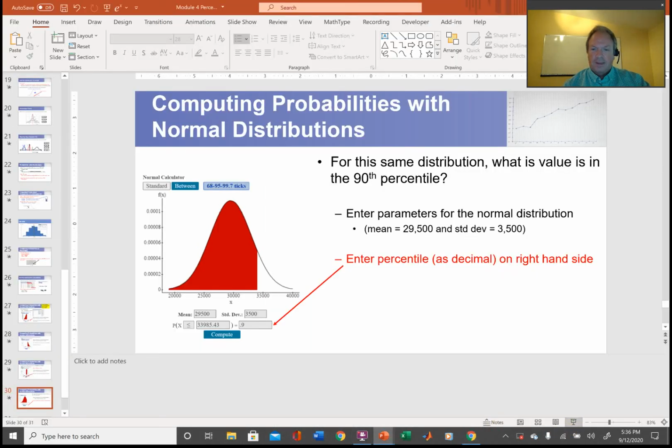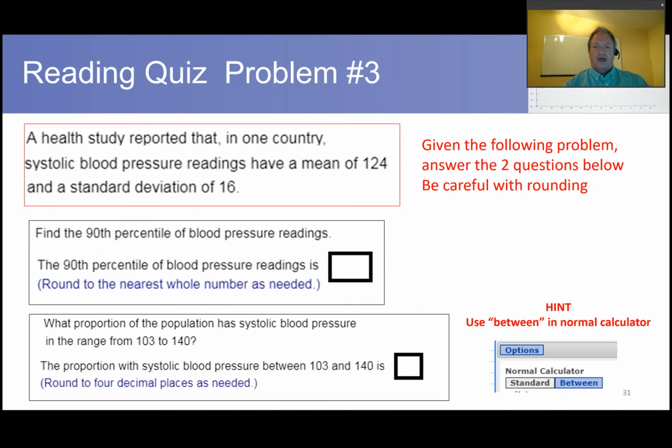Okay, so let's go ahead and try out the reading quiz now. So the reading quiz, we're told that we know the systolic blood pressures have a mean of 124 and a standard deviation of 16. And so we can assume a normal distribution because we're looking at a physiological measurement, okay?